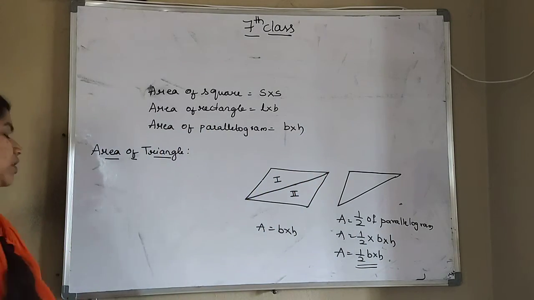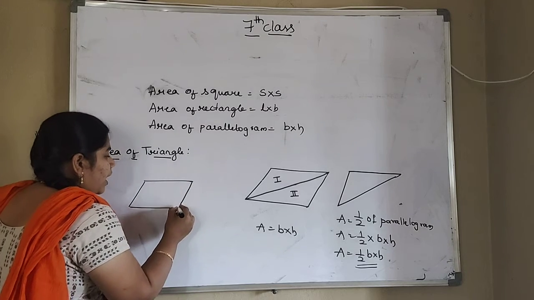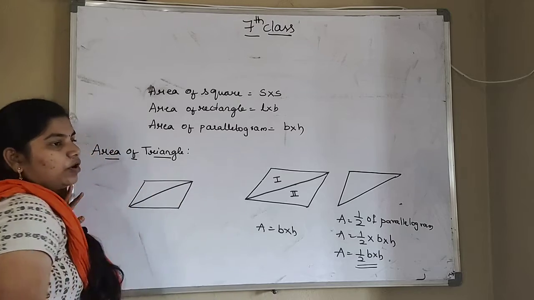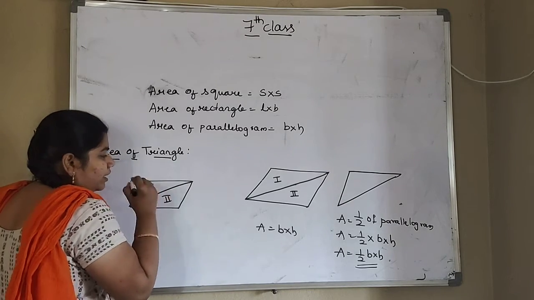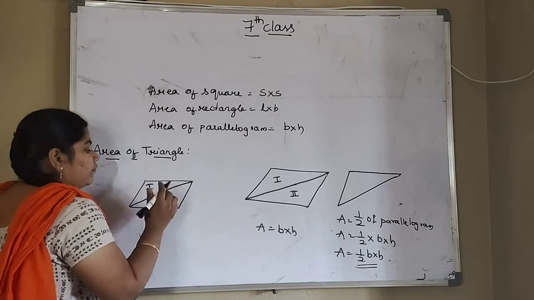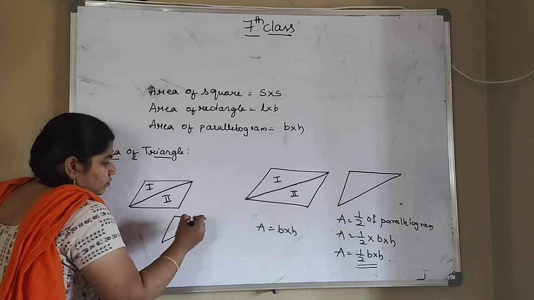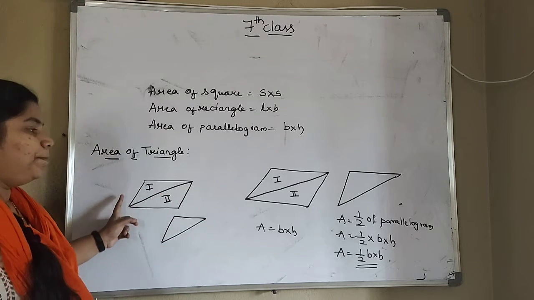Once again, I am taking one parallelogram and dividing it into two parts with the help of a diagonal. This is the first triangle, this is the second triangle. I am taking only one part. This part is half of this parallelogram.